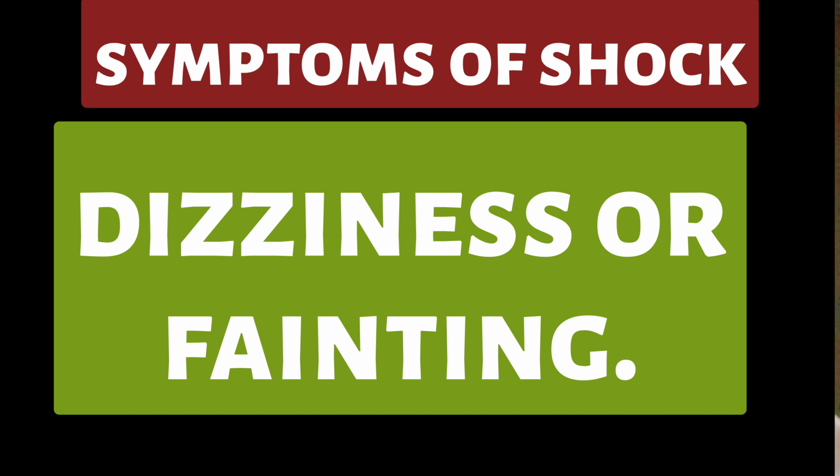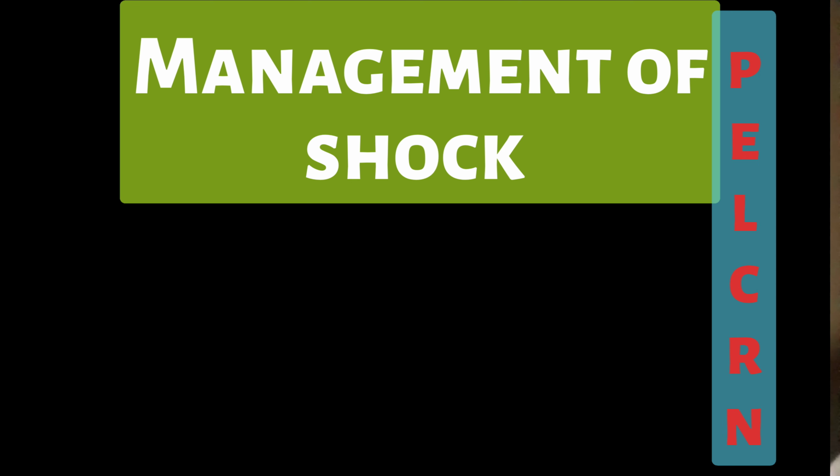So let's look at how you manage shock quickly. Obviously, you're going to talk about these things in depth as time goes by, but for now, just know the basic care of shock. In management of shock, we are going to use an acronym, PELCRN.